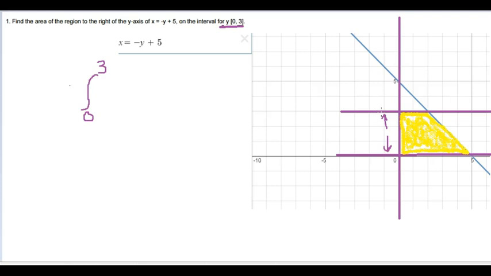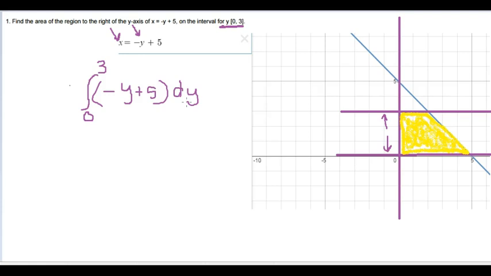So we're evaluating on the interval from 0 to 3, and my equation, my f of y, and notice it's written as f of y because the x value depends on what we fill in for y. X has now become the dependent variable, y is now the independent variable, and so I write it as f of y, and in this case, f of y is negative y plus 5, and then I get the dy there.